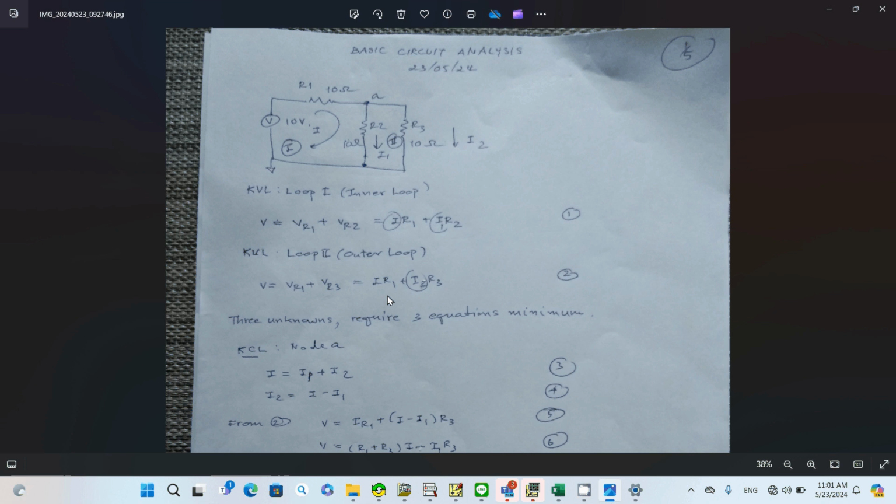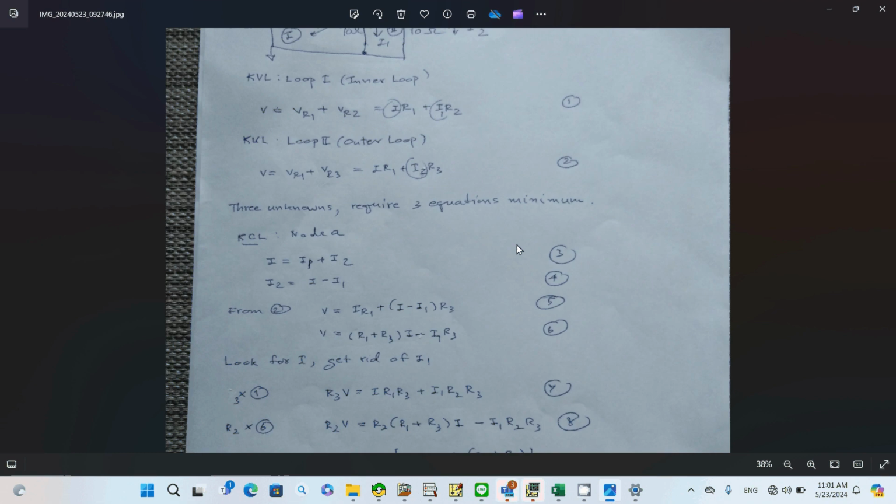Let's start looking for I first. So you need to get rid of I2 and I1. First, let's get rid of I2 in terms of I and I1. So from equation 3, you have I2 equal to I minus I1.